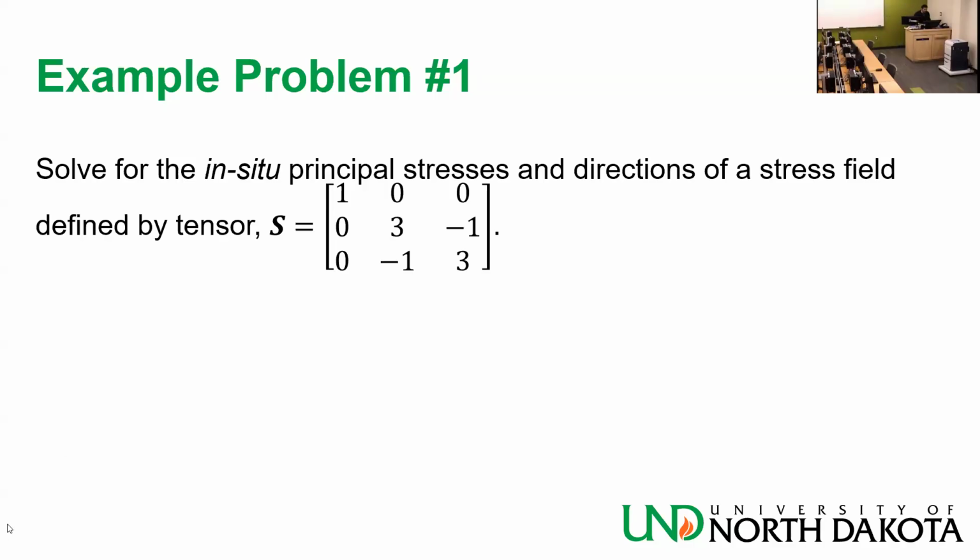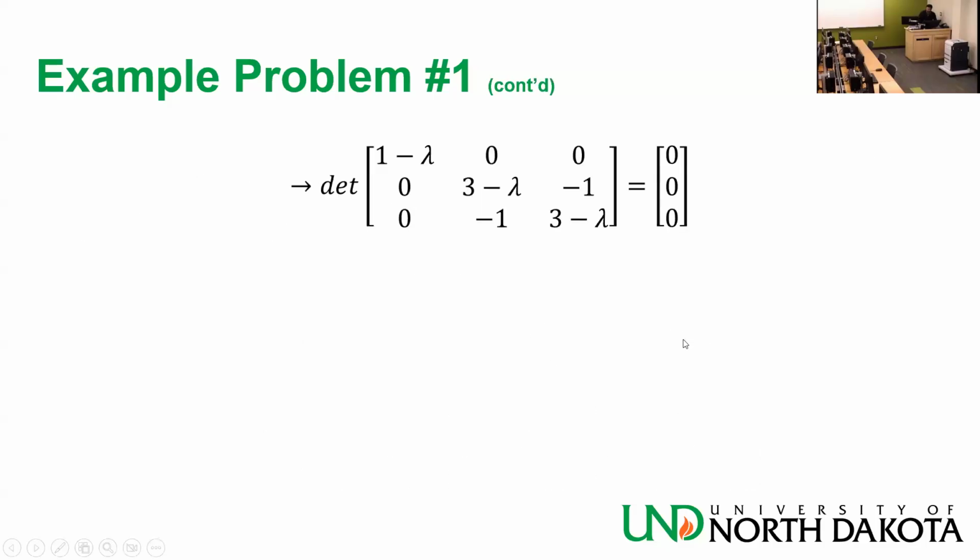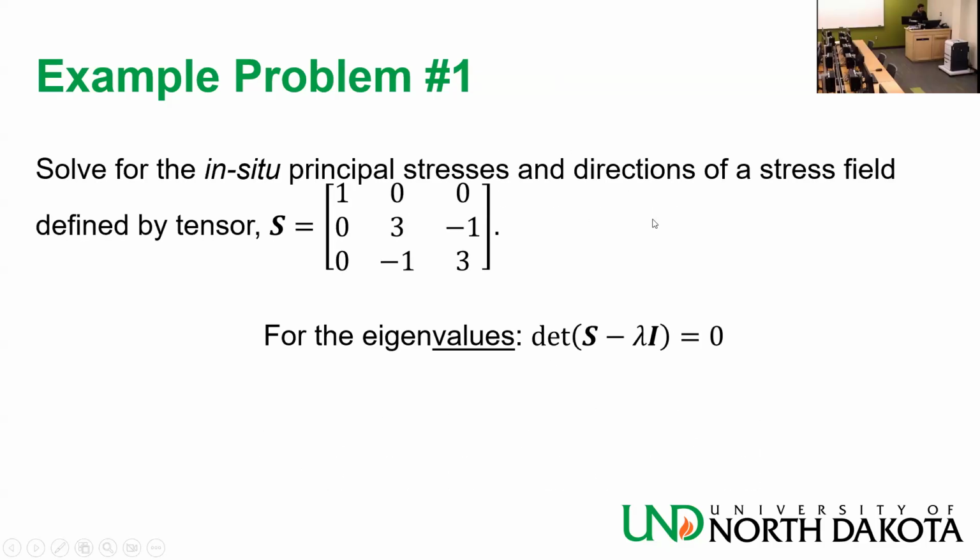Anyway, how do I solve for the eigenvalues? The answer is, I set what we call the characteristic equation of the matrix equal to 0. That is the determinant of S minus lambda I. Lambda is a constant that has a fixed value.